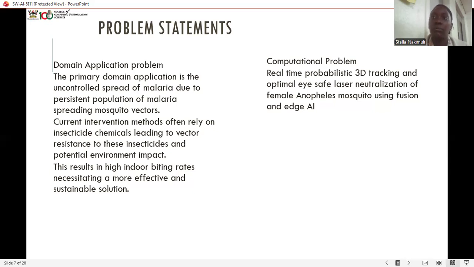So we came up with this smart, intelligent IoT method to combat this problem, to solve it. And then on the computational problems, we see the steps we went through to solve this problem.